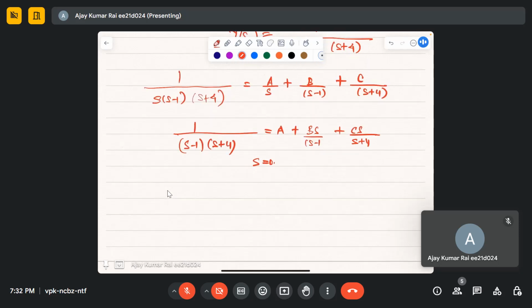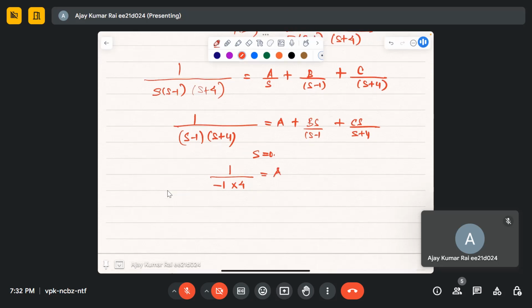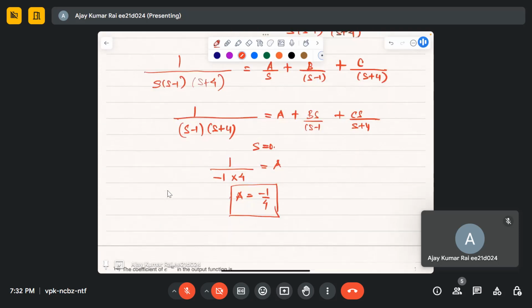To find the value of a, just multiply both sides by s. Putting s equal to 0, what you'll get is 1 over minus 1 into 4, and the b and c terms will be equal to 0 because the numerator is equal to 0. You'll get a is equal to minus 1 by 4. Okay, you know the process. a is minus 1 by 4.